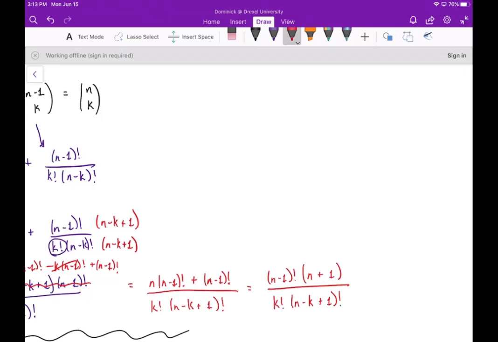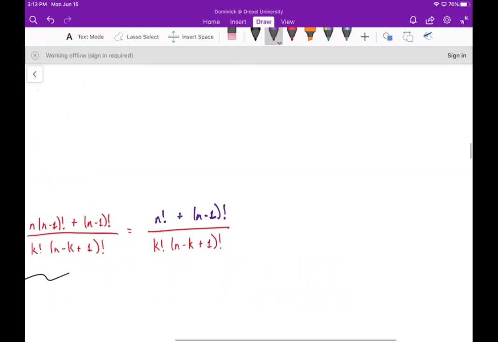All right, now if we're careful here, and actually I could probably do this instead. If I do n times (n minus 1) factorial, that is n factorial. All right, so I have n factorial plus (n minus 1) factorial.